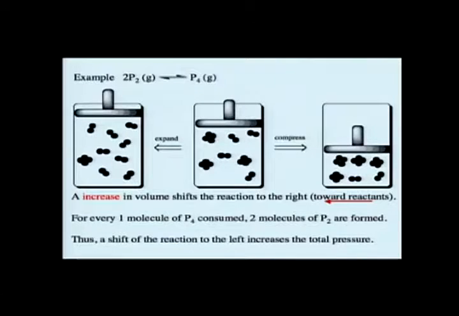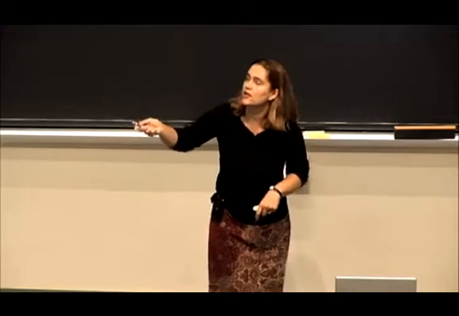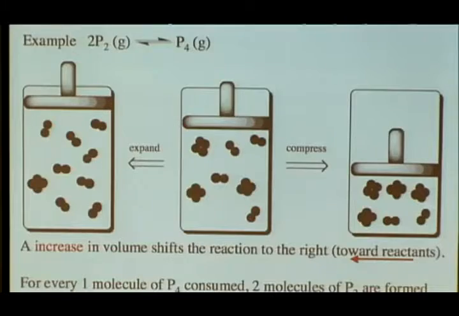All right, so we'll decrease the pressure. And what that's going to do is shift toward reactants, because we want to compensate for that decrease in pressure. And to do that, we can increase the pressure by shifting the reaction toward the reactants. So again, we're going from 1 mole of product on one side to 2 of the reactants.